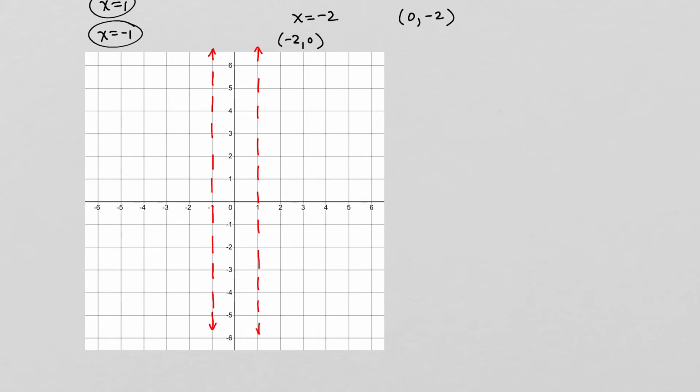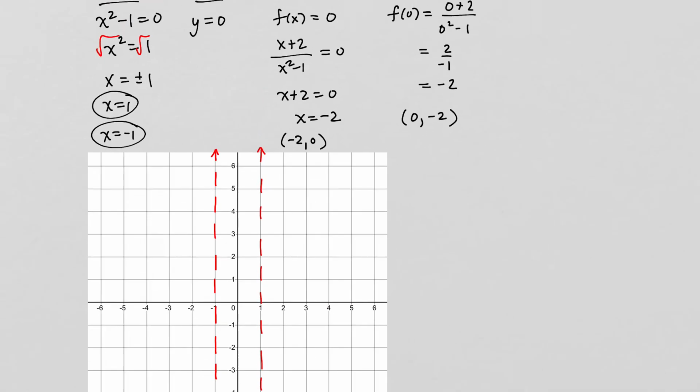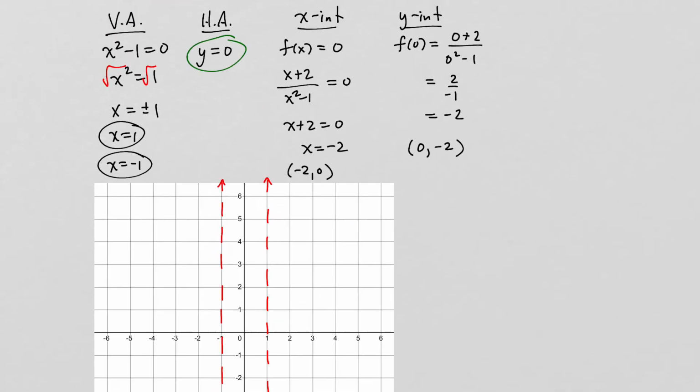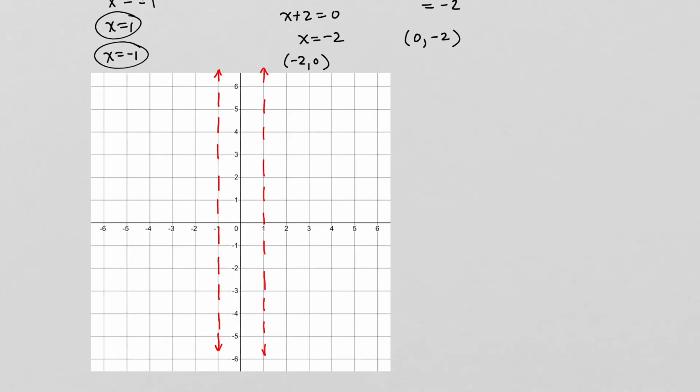And then for our horizontal asymptote, we had y = 0. y = 0 is the x-axis, and so that would just be this line here. And we could label these. This is y = 0, this is x = -1, and x = +1. And then for the x-intercept, we have the point (-2, 0), which is this point right here. And for the y-intercept, we have the point (0, -2).